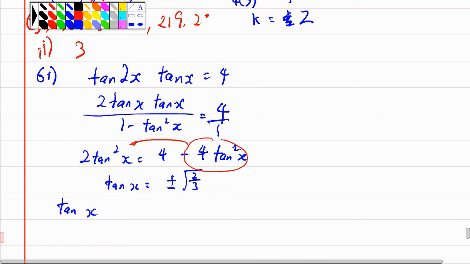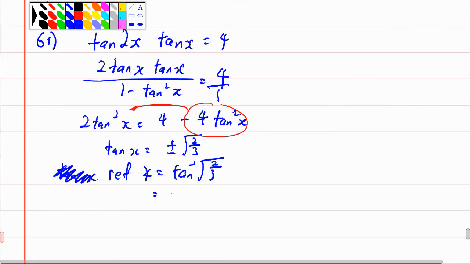No need to carry the negative sign. So for the reference angle, you need to ignore the negative sign. So it's tangent inverse square root 2/3. And what is the reference angle? 39.23. Yeah, you have your 5 decimal place.